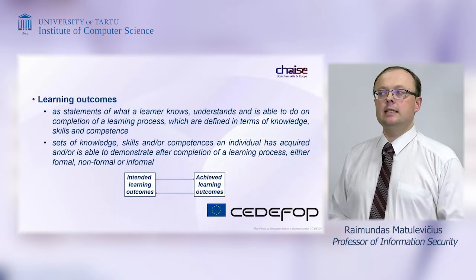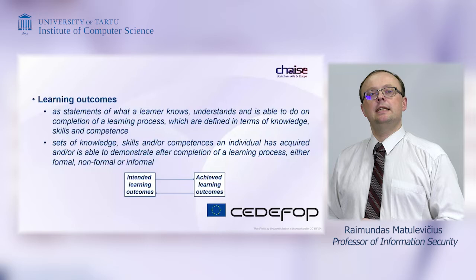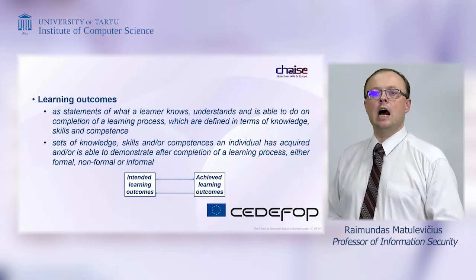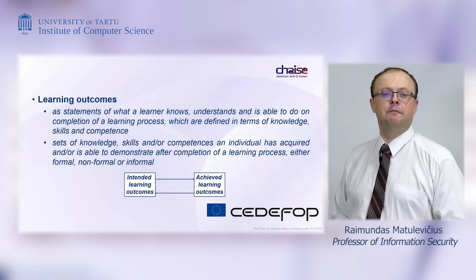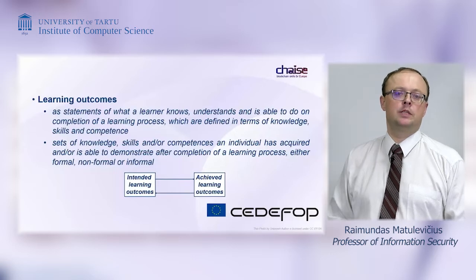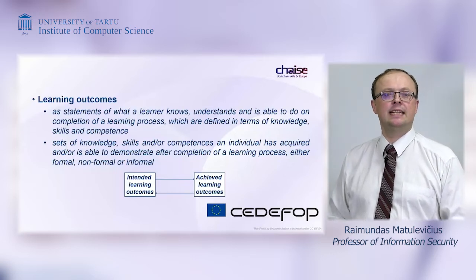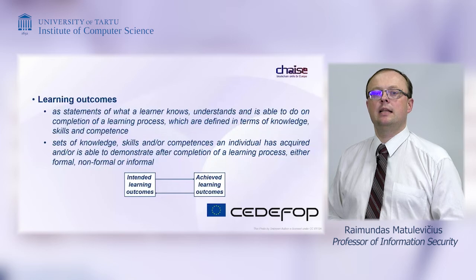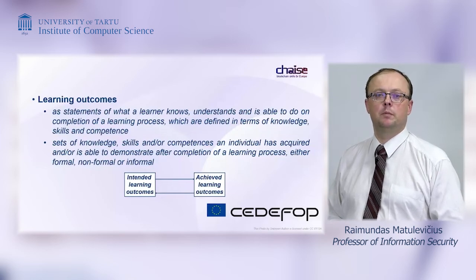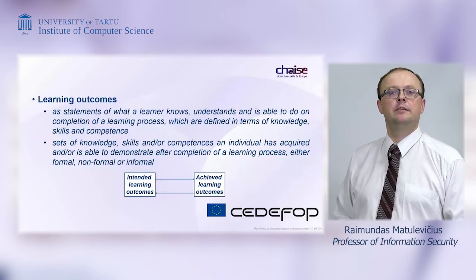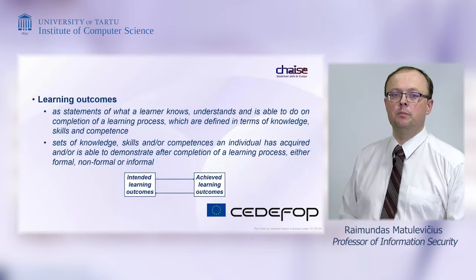We also looked into the principles of the CEDEFOP. And these principles define learning outcomes from two different perspectives. The first perspective includes the intended learning outcomes, as statements of what learners know, understand, and are able to do on completion of the learning process, which are defined in terms of knowledge, skills, and competences.